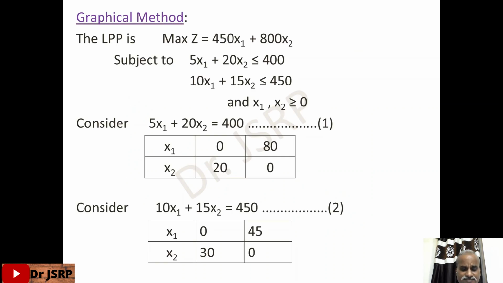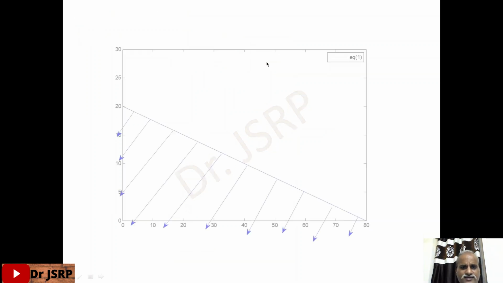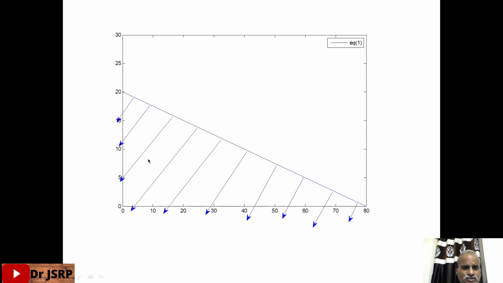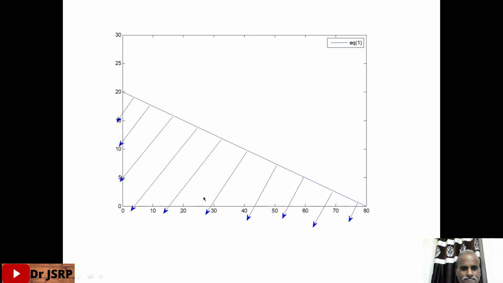If the origin satisfies the inequality, then the region lies towards the origin. Substituting x1 equals 0, x2 equals 0, we get 0 less than 400, so the origin satisfies the inequality and the region lies towards the origin. This side is the region for the first inequality.